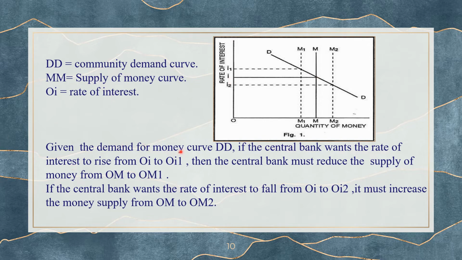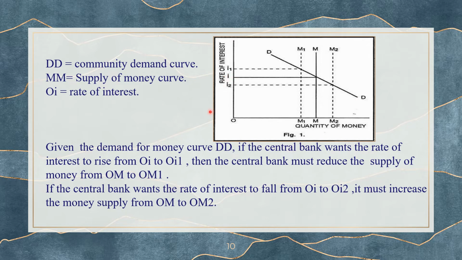So given the demand for money curve DD, if the central bank wants the rate of interest to rise from OI to OI1, then the central bank must reduce the supply of money from OM to OM1. So now please listen carefully. This is your money supply curve and this is the commodity demand curve. They meet here and this is the finalized rate of interest.